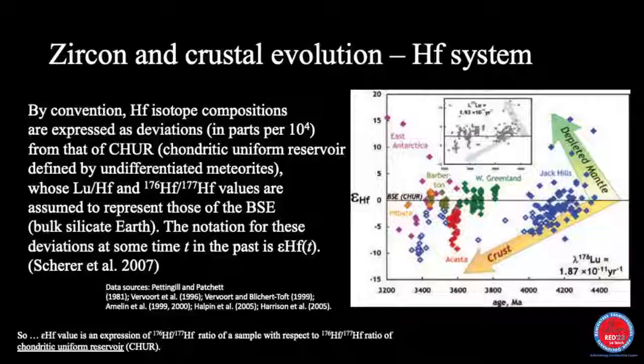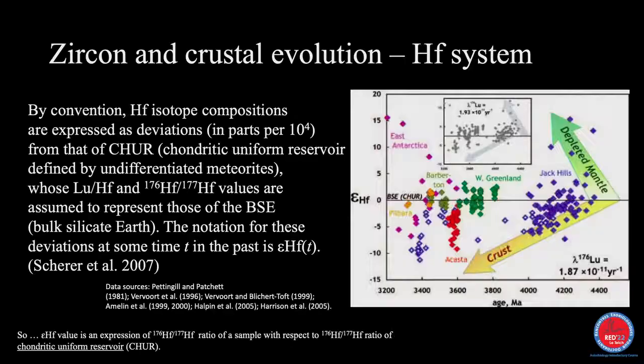And I want to draw your attention to Jack Hills' points, the outcomes of the research on Jack Hills zircons. And you know, the cloud is not very well defined.